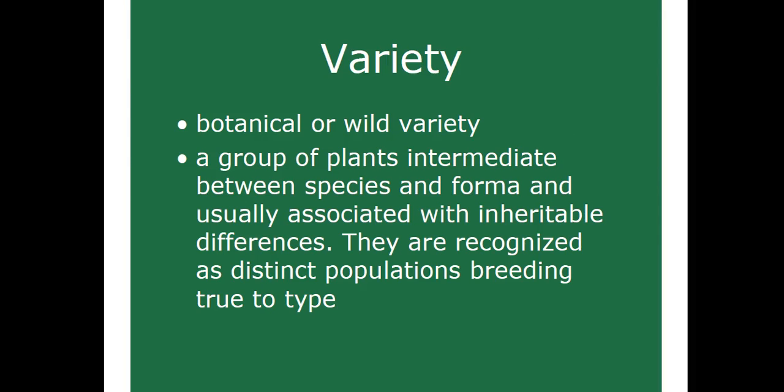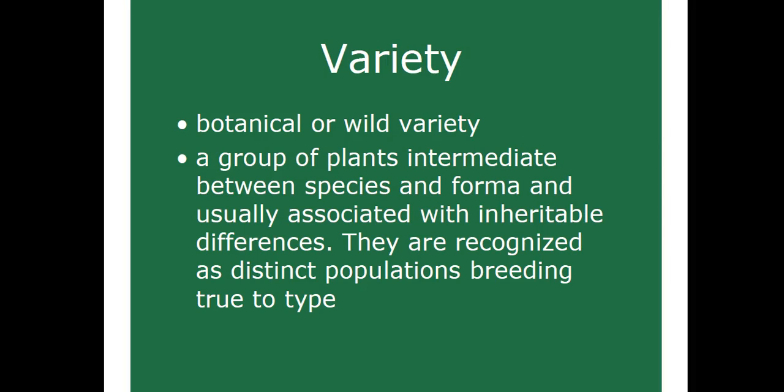All right, let's talk about varieties. Varieties are a little bit different than a cultivated variety. This is a variety that is found in nature, a wild variety. This is a group of plants that is intermediate between species and form, and are usually associated with inheritable differences.